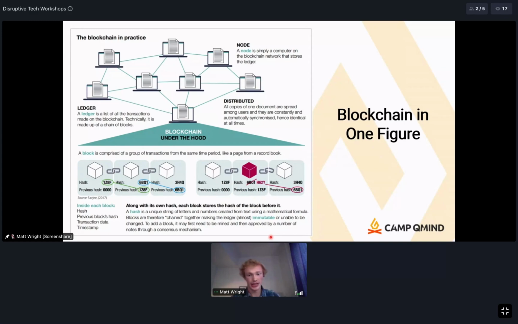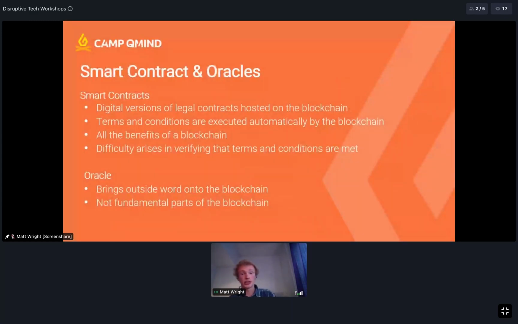And that's how they achieve immutability. And I'm going to touch quickly on, sorry, Spencer, what smart contracts and oracles are, because those are the bases of what we'll be dealing with in our blockchain projects. So a smart contract is a digital version of a legal contract.